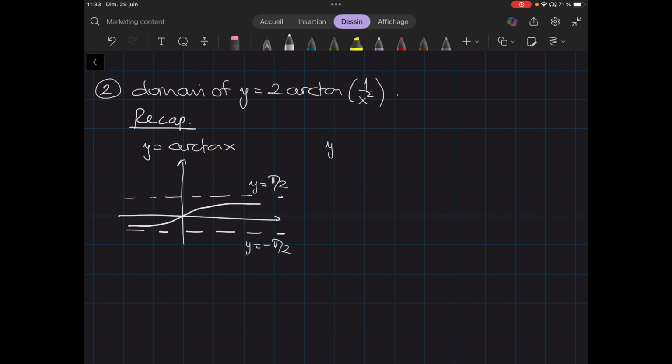This means that y equals 2 arctan of 1 over x squared is defined at all x except x equals 0. In other words, x must not be equal to 0.